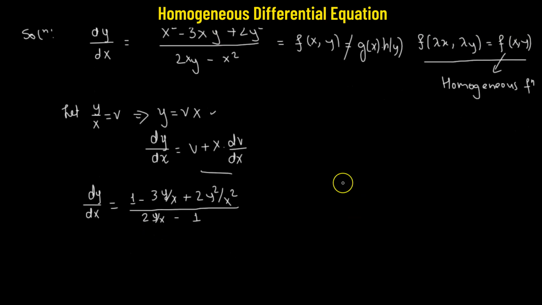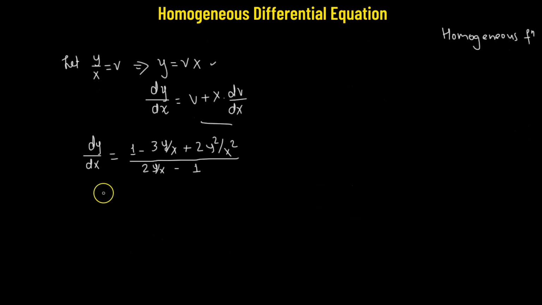Now we will make the substitution. In place of dy over dx, we have v plus x times dv over dx equals 1 minus 3v plus 2v squared, divided by 2v minus 1.